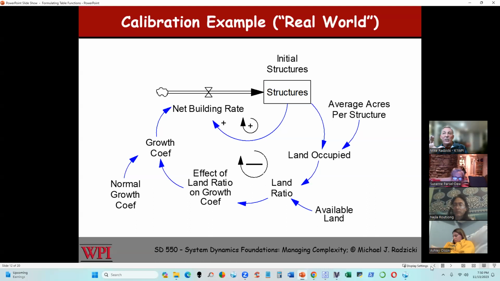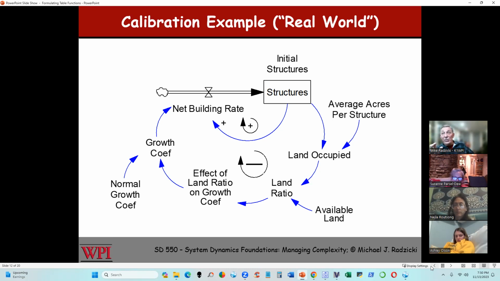So the Excel spreadsheet would be what you'd find at City Hall for this city: a spreadsheet full of data on structures, the building rate, and land fraction occupied. There'd probably be building permits and stuff like that. This is just to illustrate the table function. This is not the greatest urban model. Okay, so we're going to pretend it's the real world.